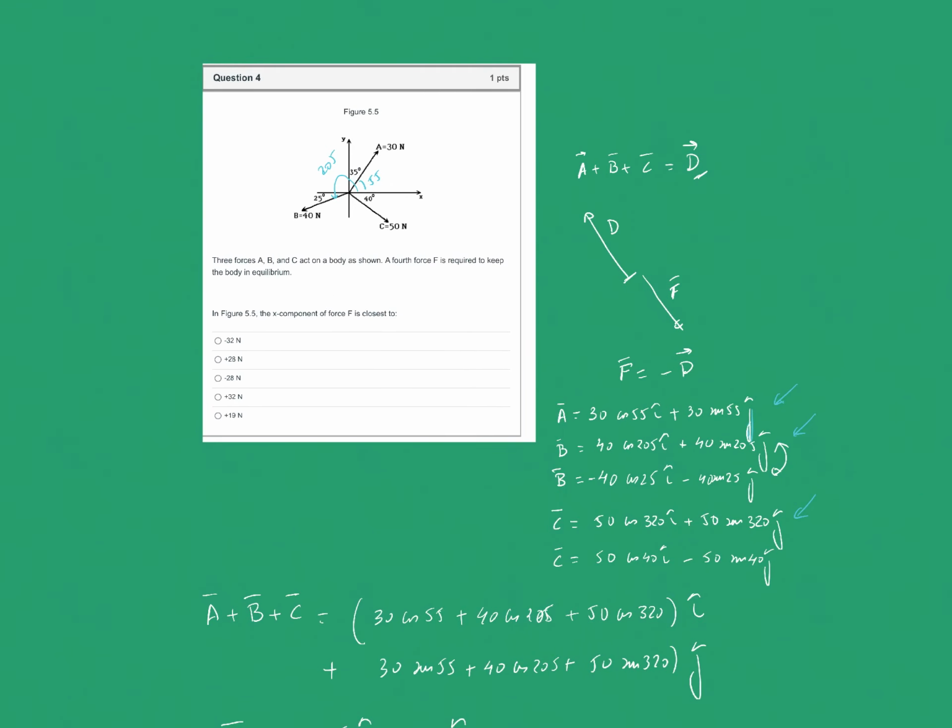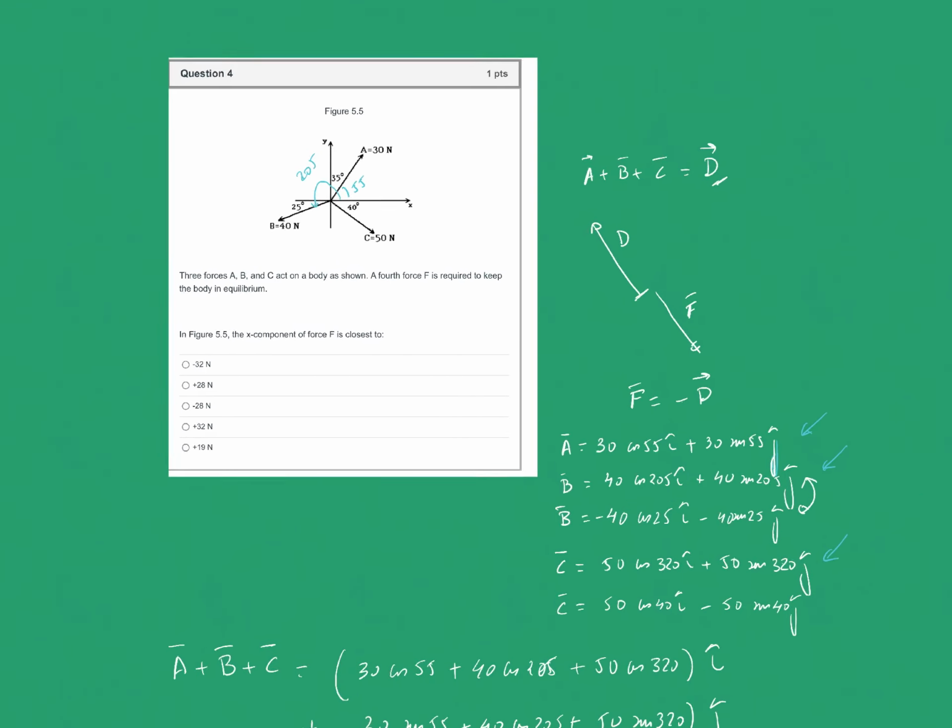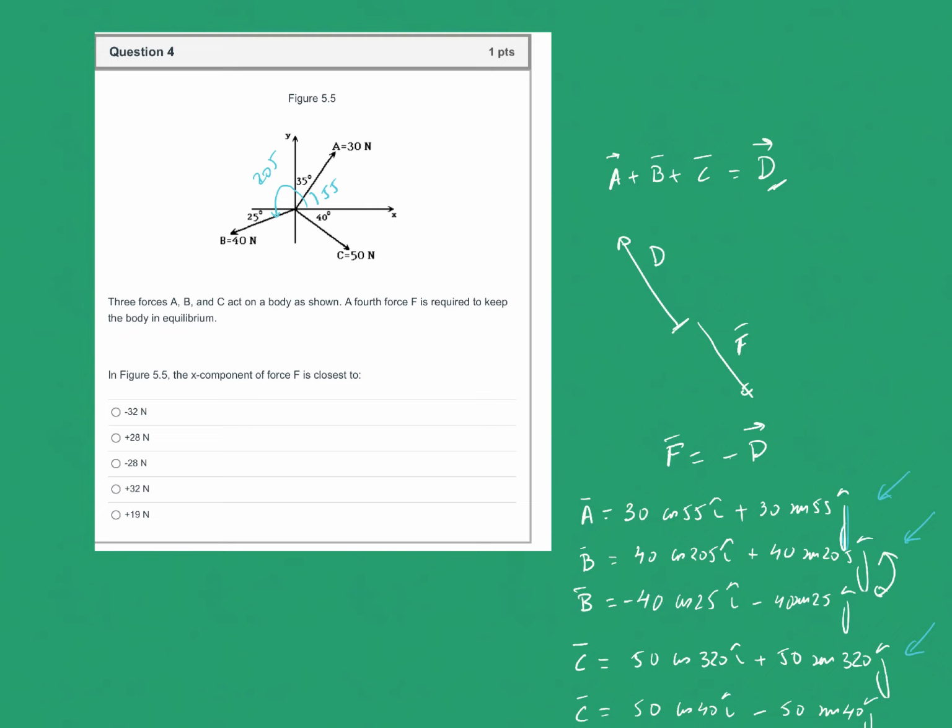This one says you have three forces. So the sum of the three forces will be something. Let's say this is the three forces, and the sum will be the vector D. The question says, what force do you have to add to D to make equilibrium? Well, I have to add a force F in the opposite direction with the same magnitude.